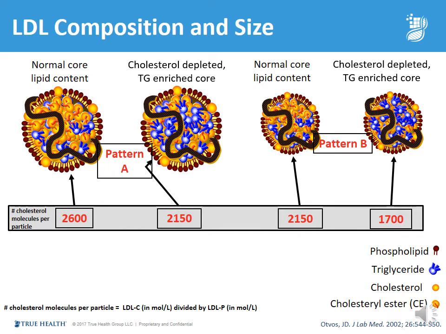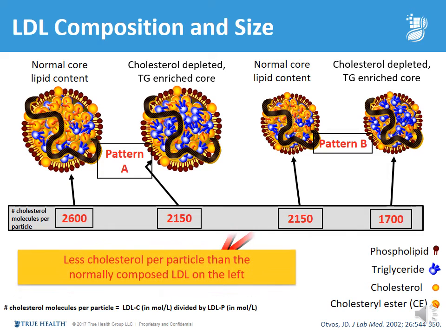So LDL particle count is related to not only LDL size, but LDL composition. And the less cholesterol per particle than the normally composed LDL, the higher will be the LDL particle count.